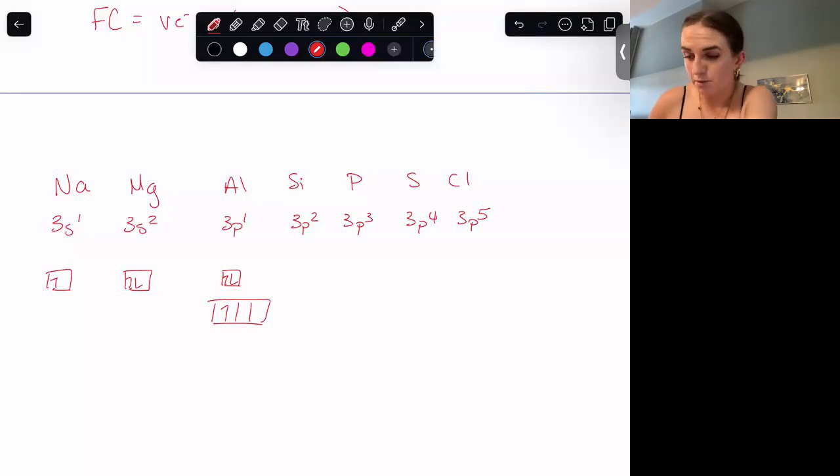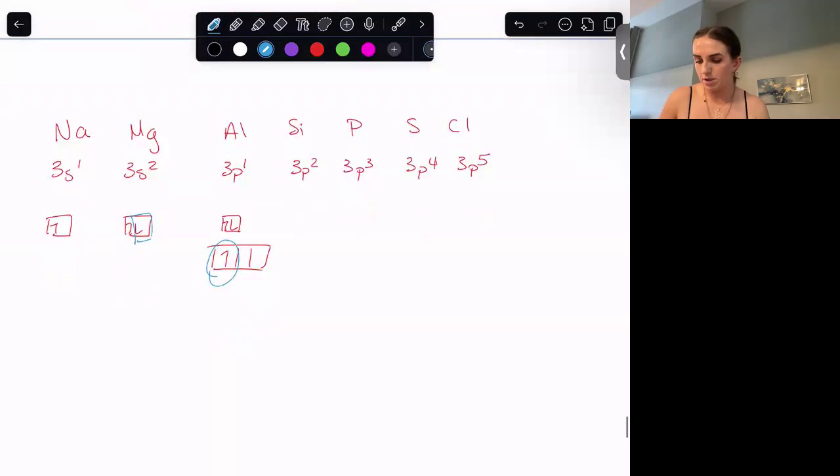It is easier to remove this electron in the p orbital than it is to remove this electron here in the s orbital, right? That one unpaired electron is easier to remove than the paired electron.